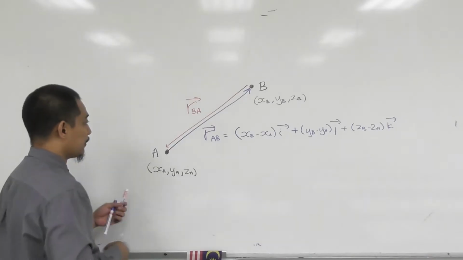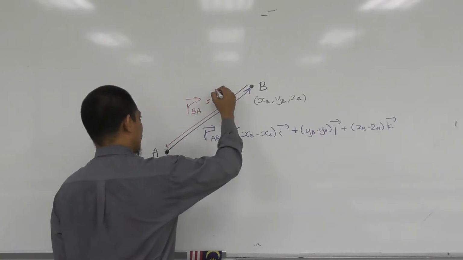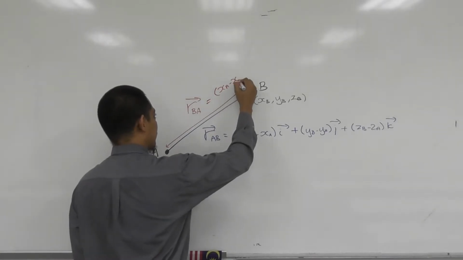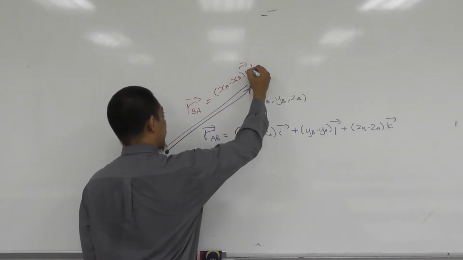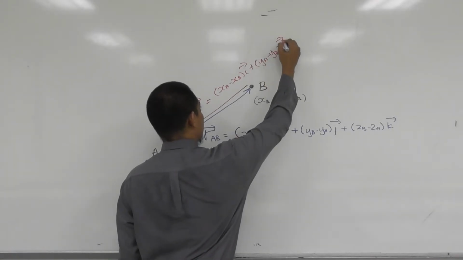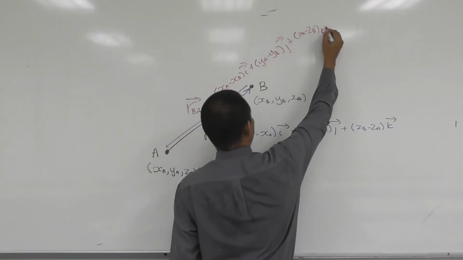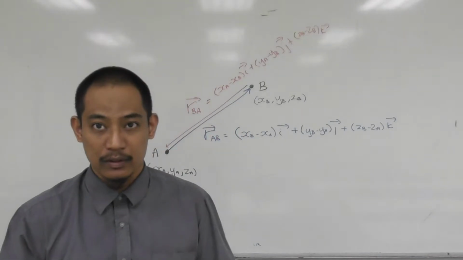Similarly for RBA, it will be (XA minus XB) I plus (YA minus YB) J plus (ZA minus ZB) K.